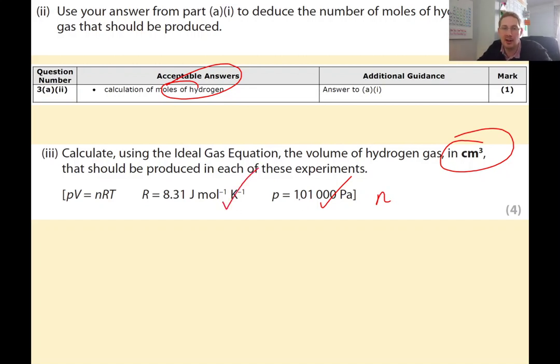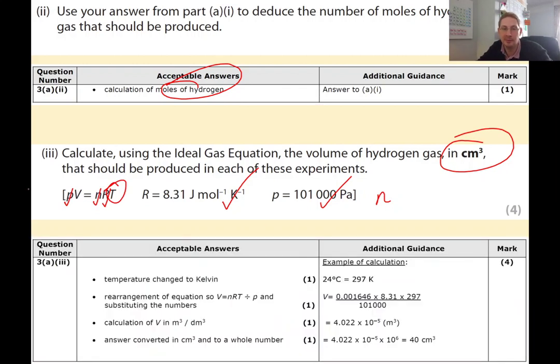We're given R. So we know P, we know n, we know R. We presumably are working at standard temperature, but we've got to make sure that that is in Kelvin, and then we can work out what the volume is. So temperature changed to Kelvin, 1 mark, 297 Kelvin.